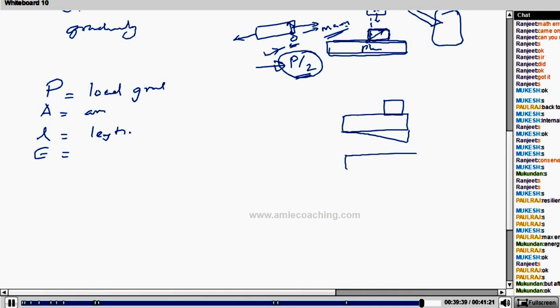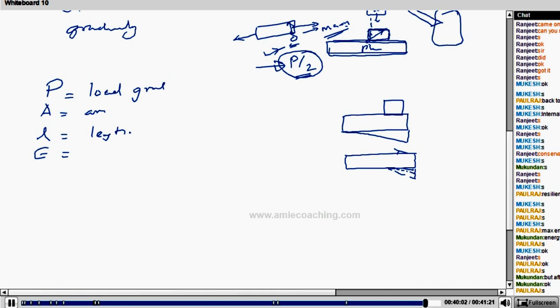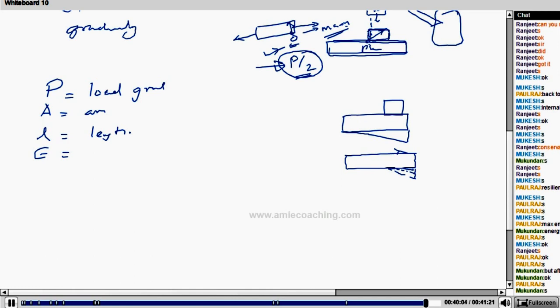Here, instead of giving the full load at once, I place it at one corner so that the deflection will be like this, and then the middle portion is placed so that the deflection will be like this, then the full portion is placed so that the deflection will be like this. So the total strain energy stored because of this deflection will be the average, because it is applied very slowly.